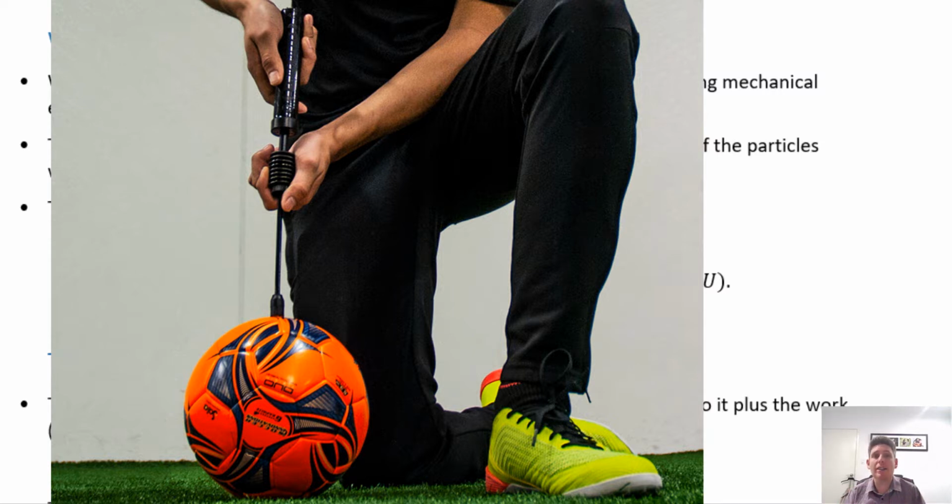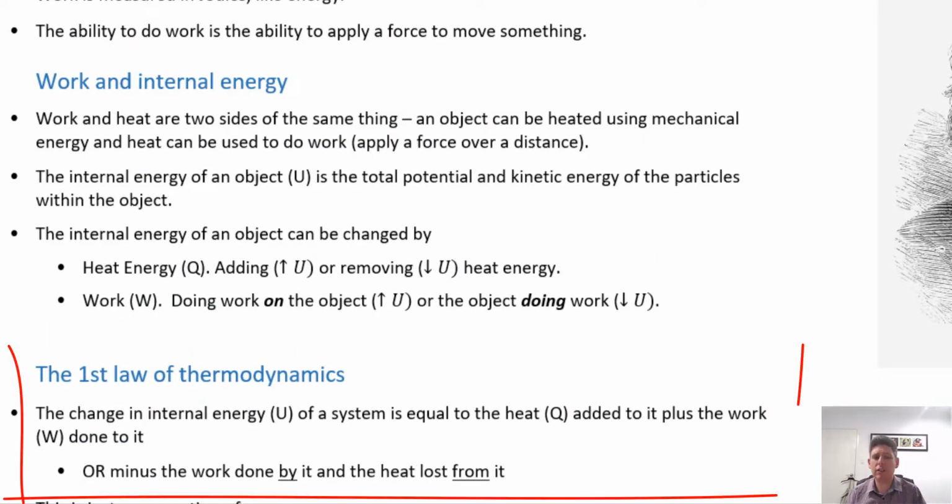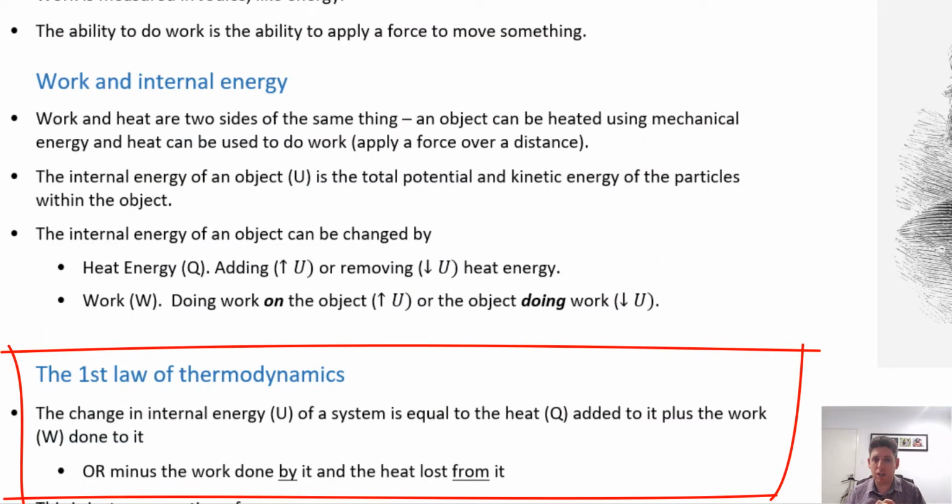So the mechanical work, the mechanical energy has converted to heat energy. And this relates to our first law of thermodynamics. A change in internal energy of a system is equal to the heat added to it, plus the work done to it. So heat plus work is equal to the change in internal energy.